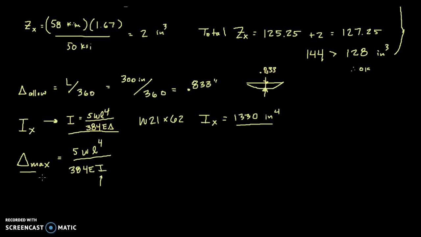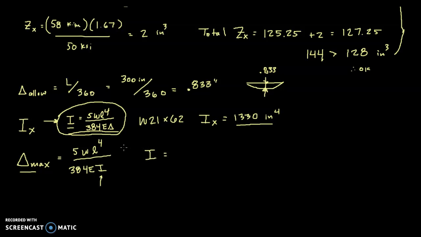We don't know how much bigger that I value needs to be. Whereas if we solve for I to begin with, this will tell us two things. It will tell us, is it okay? And if it's not, what I value should we choose in its place? So rather than calculating deflection, I'm going to calculate the moment of inertia that we're going to need.